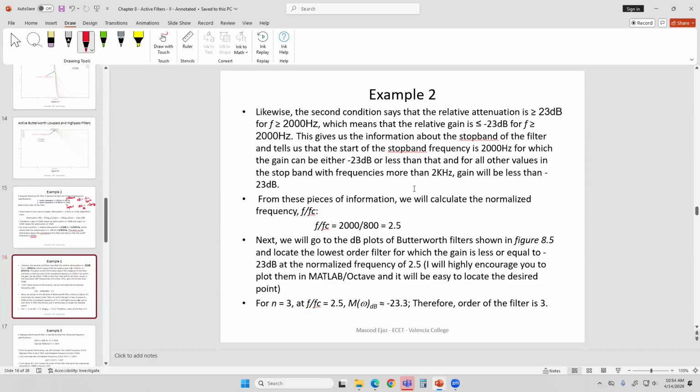Any gain which is either negative 23 or less at 2000 hertz is acceptable according to the condition, which means any attenuation of 23 decibel or more is going to be acceptable.